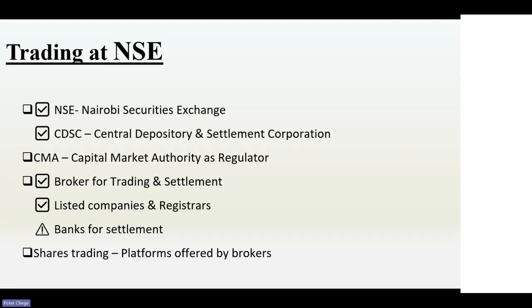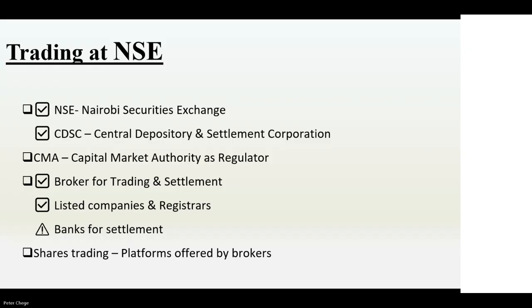So at CDSC, you have two brokers, but having the same CDSC number under your ID. So if you go to CDSC, you'll be able to get a full statement for all the brokers you have and the shares they hold for you. So CDSC, that's where your shares are held. NSE is where trading happens.